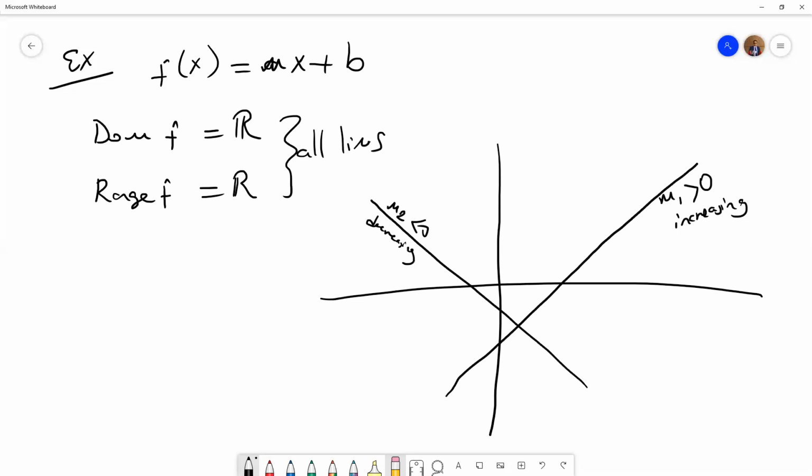And maybe a line here, and this has a slope 0, you see, it's constant. Yeah, this is like that. And next one.